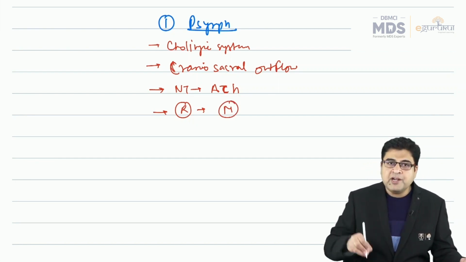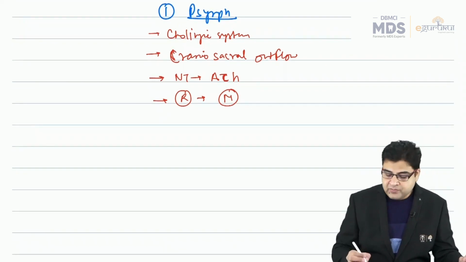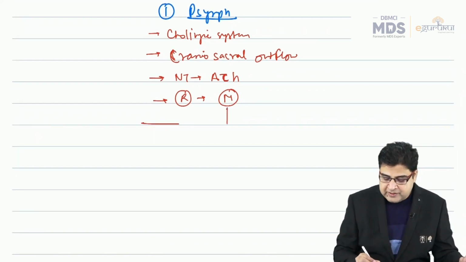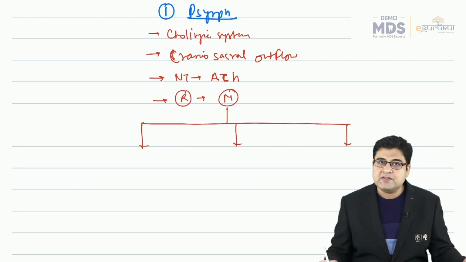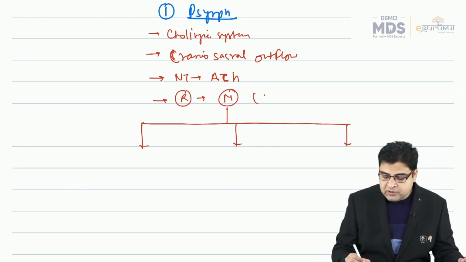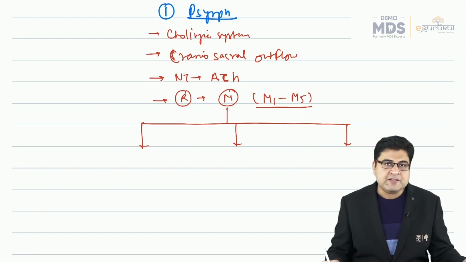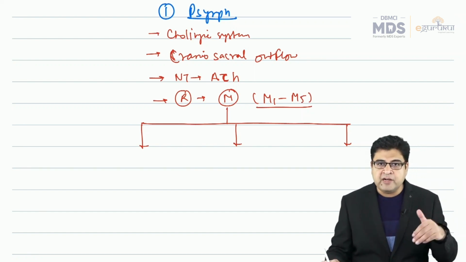Now let's go into detail on the types of muscarinic receptors. Please remember, for your exam, we can divide muscarinic receptors into 3 types. Basically, there are a total of 5 muscarinic receptors in the human body, M1 to M5.